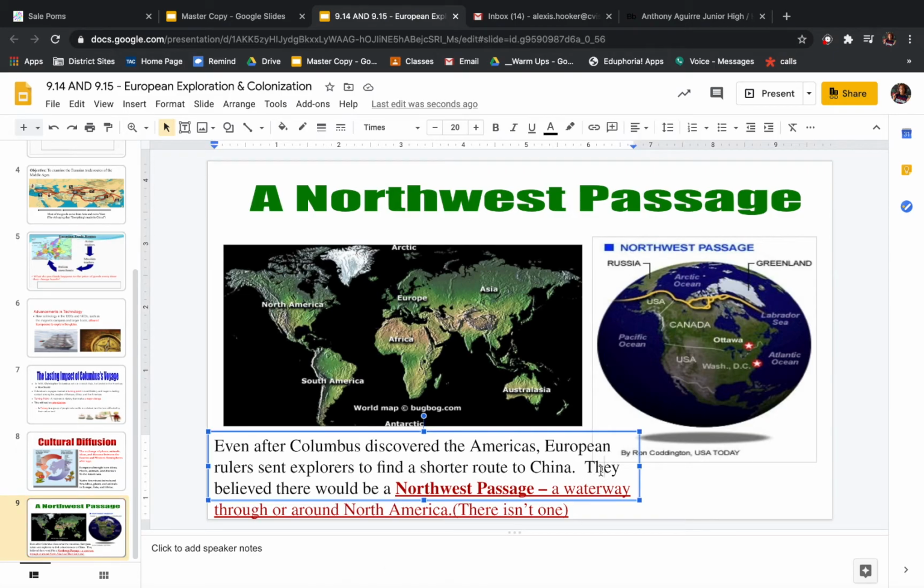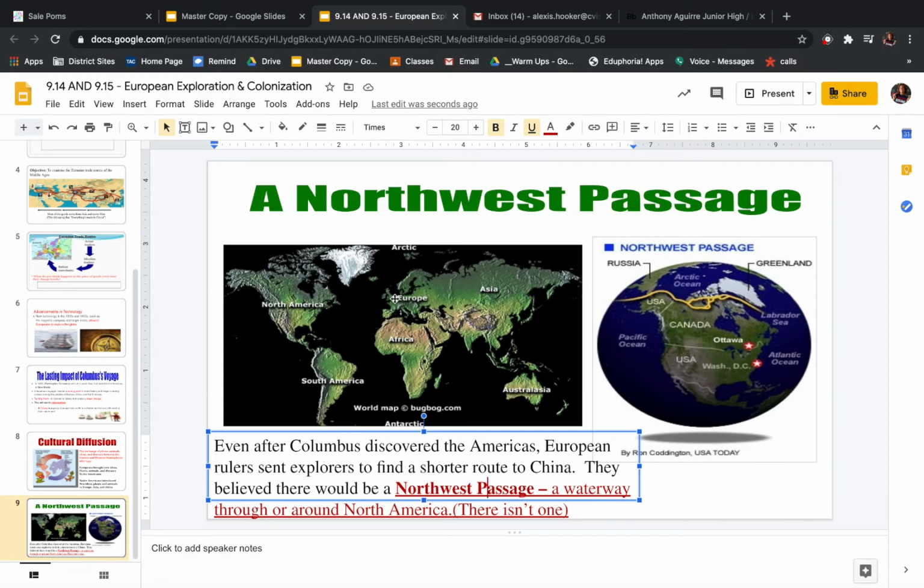So what did they do? They sent out explorers and hired people to go find what they believed was a Northwest Passage. So they thought, this is Europe, if you go this way, because north is up and west is to the left.